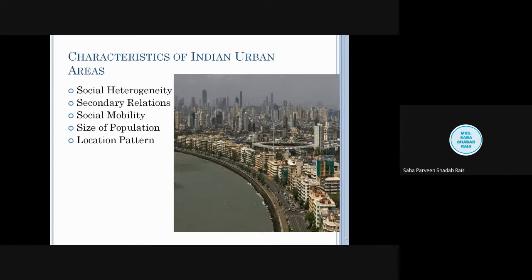Now when we say location pattern, the urban population is located in approximately 5,545 towns and cities. The towns and cities are broadly divided into six classes: class 1, class 2, class 3, class 4, class 5, and class 6.